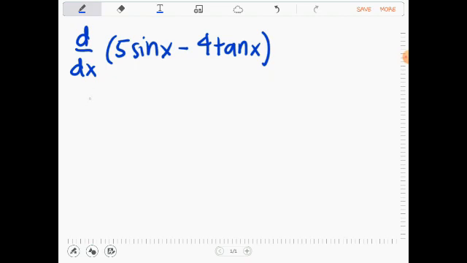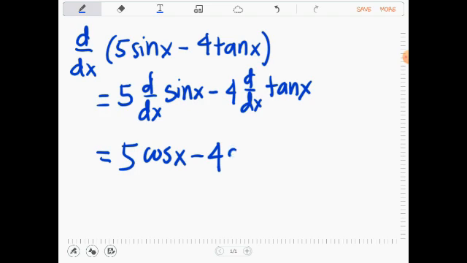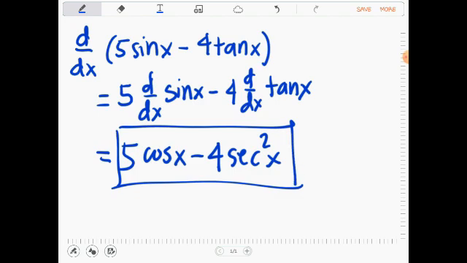So therefore, this would be equals to yung ating constant na 5 times the derivative of u, which is sine of x with respect to x. So sine x minus 4 d over dx tangent of x. Okay? And this is equals to 5. And then, ano yung derivative ng sine of x? Cosine of x. Minus 4. Ano yung derivative ng tan of x? Secant squared x. And this would be our answer.